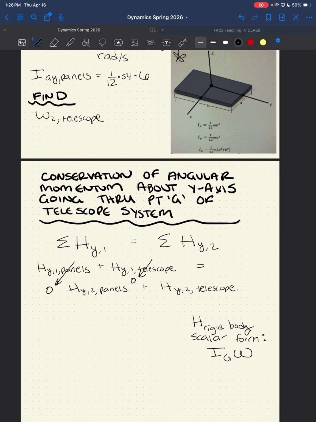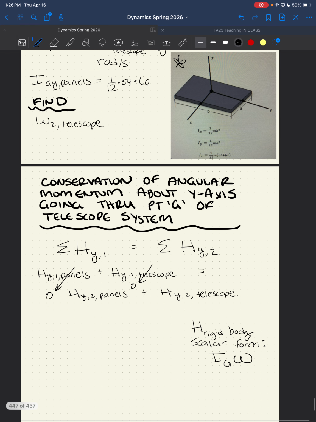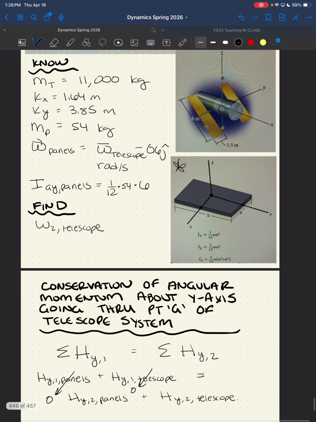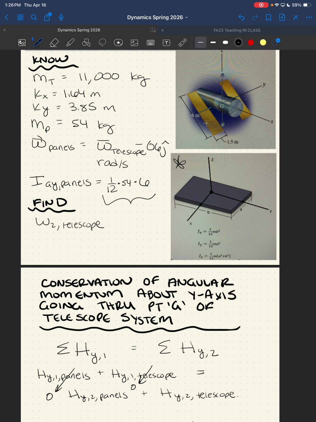Okay, just like we predicted before we even started the problem, we get a very, very small rotation by the telescope, some 10 to the minus 3 radians per second. Why is it negative? Does that make sense?